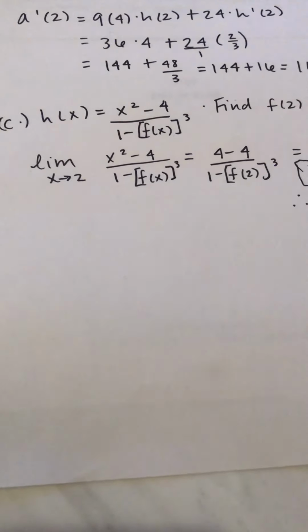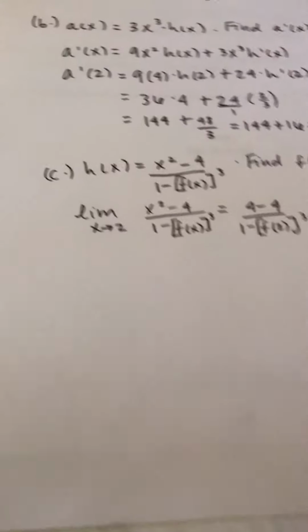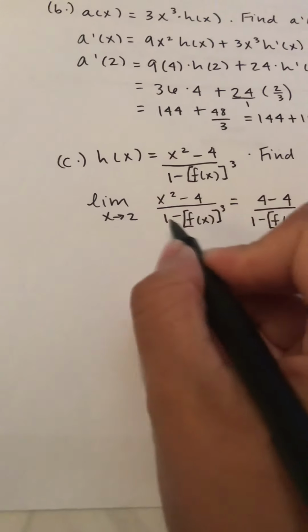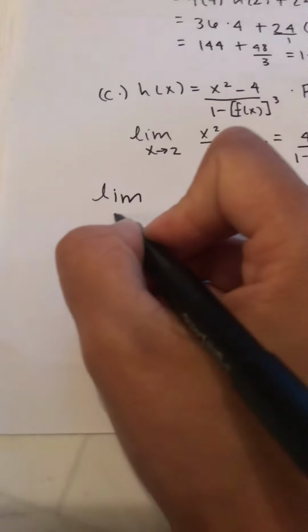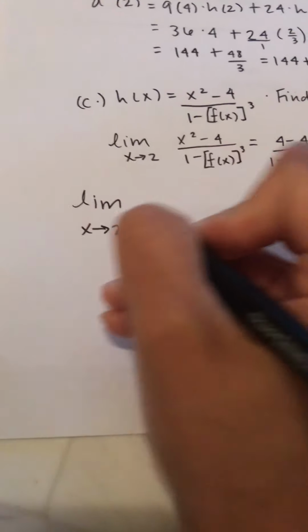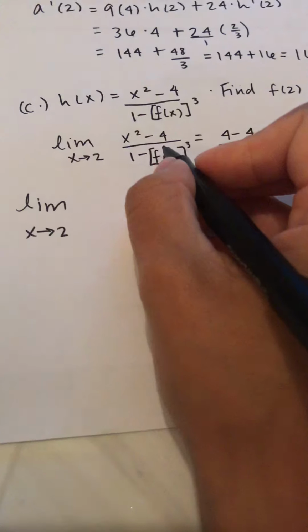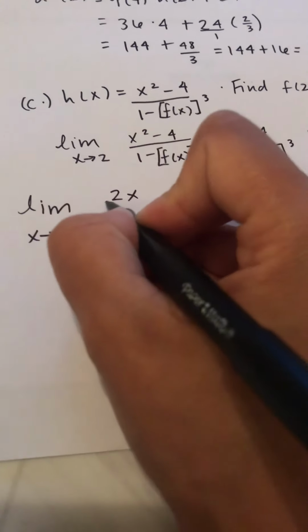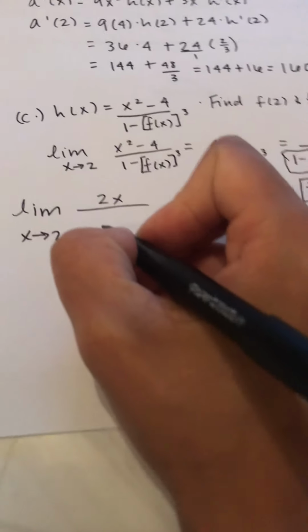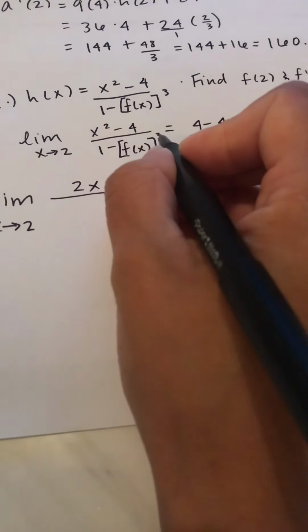So for that, I'm going to go ahead and apply L'Hopital's to this limit. So I would have the limit as x approaches 2. Let's apply L'Hopital's: the limit of the derivative of my numerator over the derivative of my denominator.